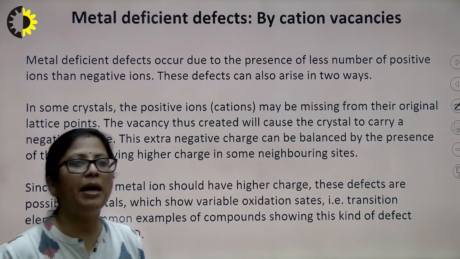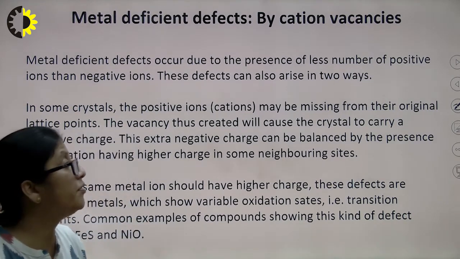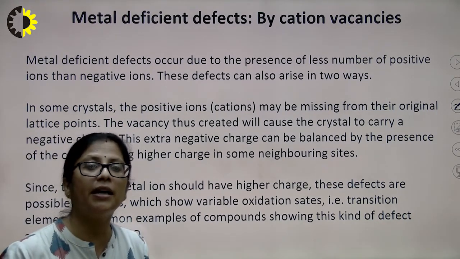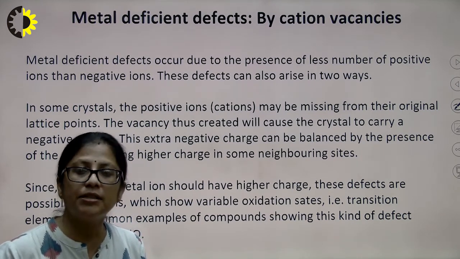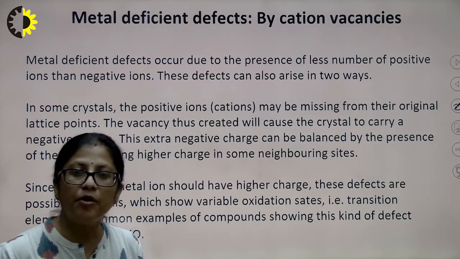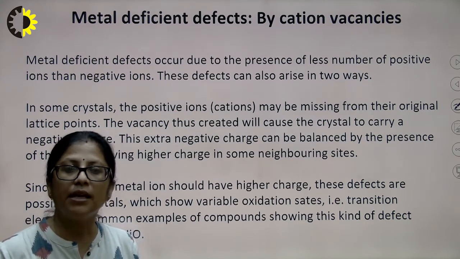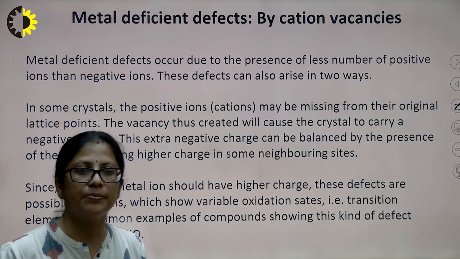Next is the metal deficiency defects. The first one is by cation vacancies. The metal deficiency defects occur due to the presence of less number of positive ions than the negative ions, and they can arise in two different ways.